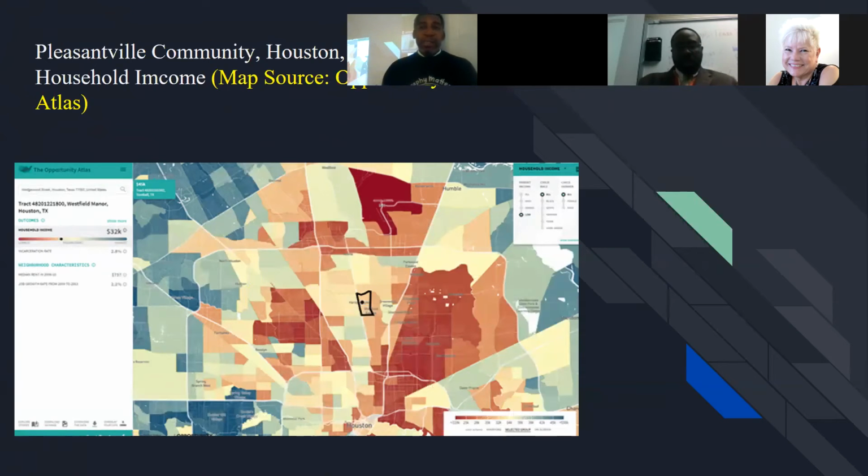Again, this just gives us an idea of what kind of community we are working with. So we're not in an area that is seriously impoverished, but we're not in the areas that are blue either. That's a very interesting map.